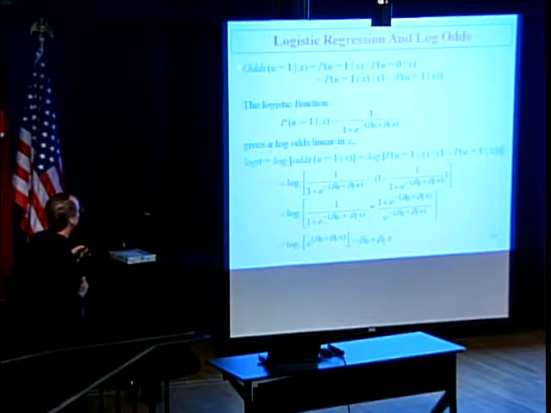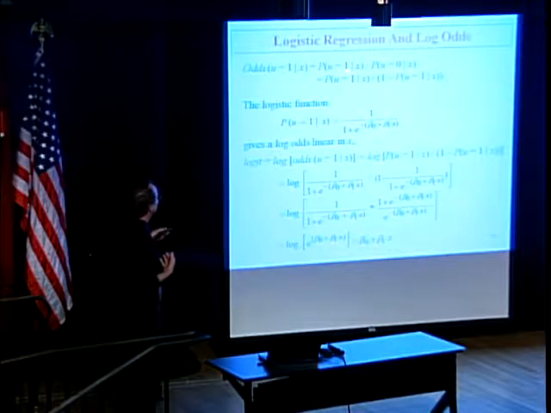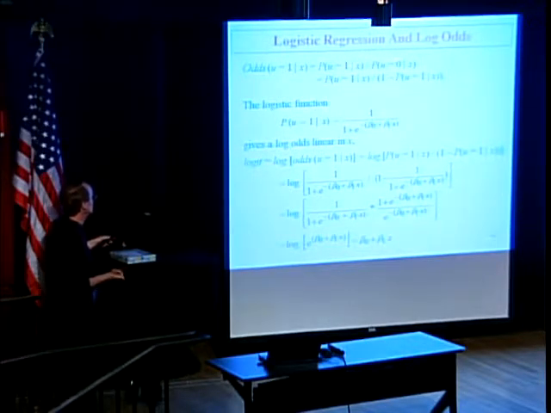You define an odds, for example the odds that you're going to develop lung cancer, as a function of x: the probability of developing lung cancer divided by the probability of not developing lung cancer, not developing it being 1 minus the probability of developing it. So it's just a ratio of probabilities.